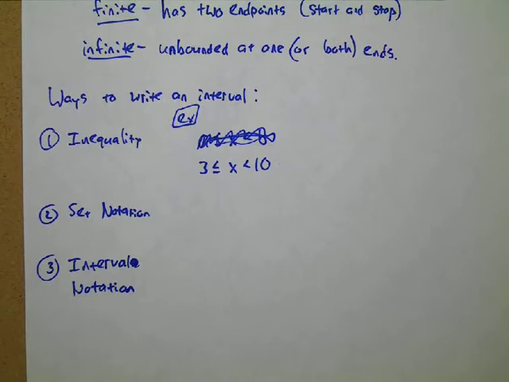So this is a bit tricky because of the order here. The x is kind of out of order from what we normally see. What we would normally see is something like x greater than or equal to 3. If I take this inequality and flip the whole thing around, the mouth is still opening towards the x.